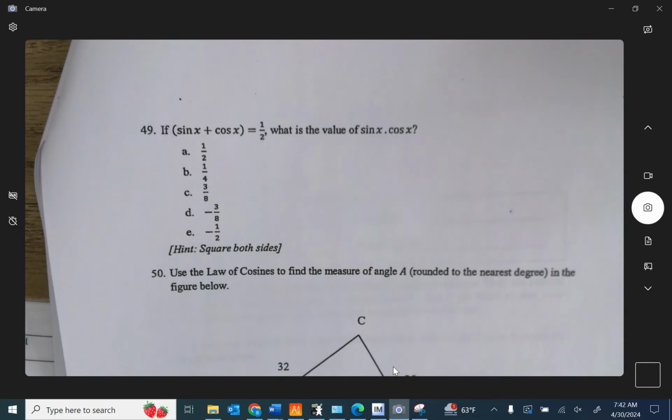If the sine of x plus the cosine of x is a half, what is the value of sine of x times cosine of x? Well, that's interesting. That is interesting.